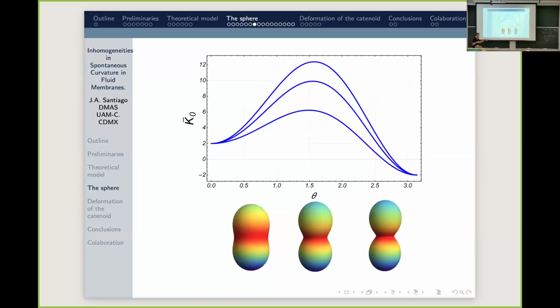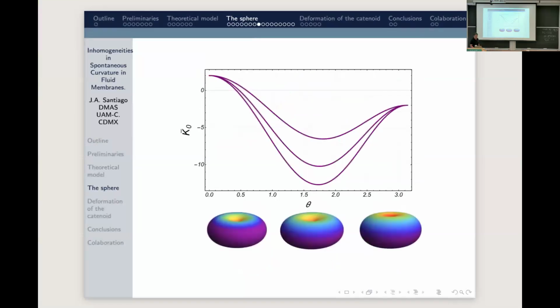We also deform in this way to dumbbells and obtain the spontaneous curvature distributions, which is deeper in the waist of the sphere form. So there are non-trivial forces acting as a consequence of the inhomogeneity of the spontaneous curvature. This is another case where the deformation is like a donut, as they say.